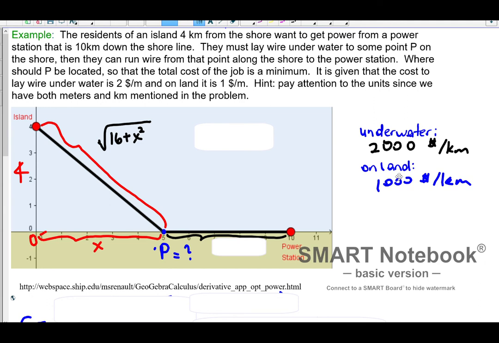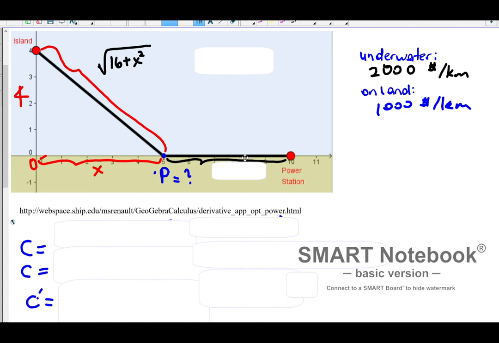So what is the total cost of laying this segment plus this segment? This segment that goes under the water, the length is the square root of 16 plus x squared, and the cost per unit is 2,000. So let's multiply them: 2,000 times the square root of 16 plus x squared.